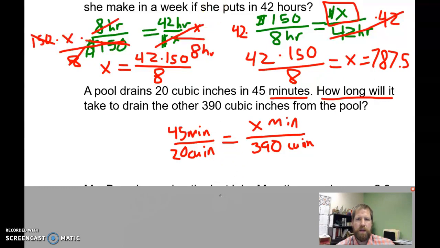Now let's go blue. It's kind of like cross multiplying basically, but you're only cross multiplying one side. So I multiply this side by 390, this side by 390. Those will cancel, and I have 390 times 45 divided by 20.